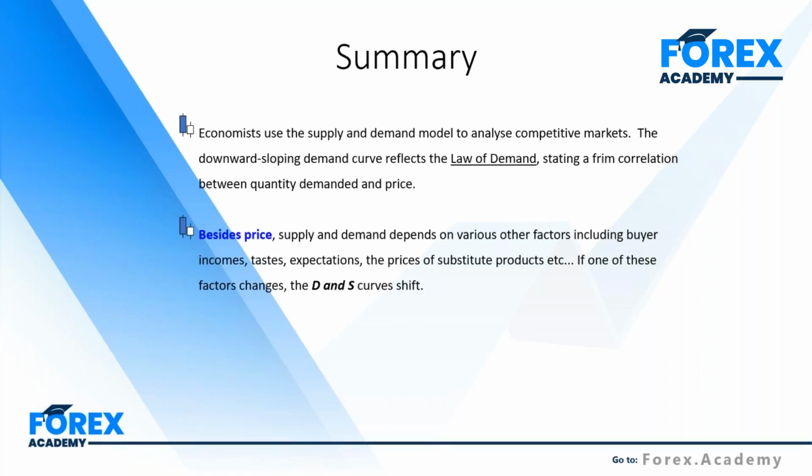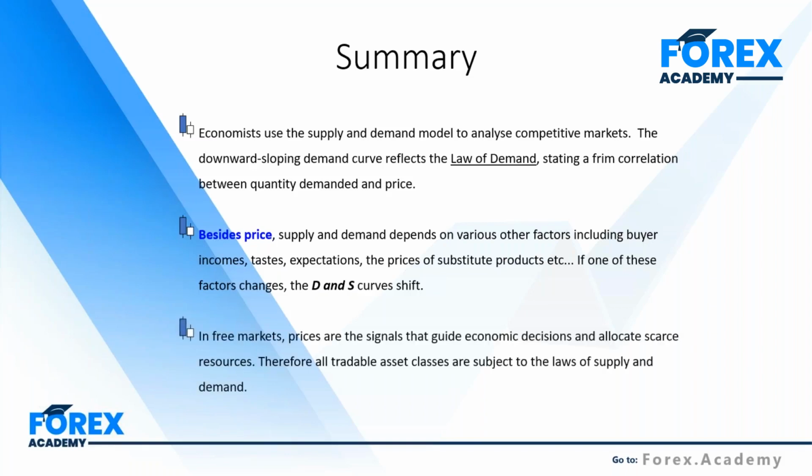Supply and demand depend on various other factors, including buyer incomes, tastes, expectations, the prices of substitute products, etc. If one of these factors changes, obviously we're going to see a relative change, and the demand and supply curves are going to shift. And then in free markets, prices are the signals that guide economic decisions and allocate scarce resources. Therefore, all tradable asset classes are subject to the laws of supply and demand.